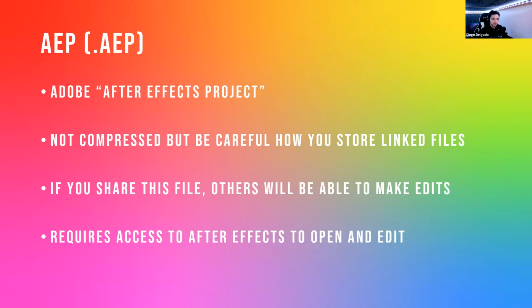If you don't also copy the video files over when you're copying over the After Effects file, then the link gets broken and you get this big error message on your screen. It's like, well, I don't know what you're trying to point to. So just be careful about doing that. If you want me to go into a little bit more detail on that later, I can.